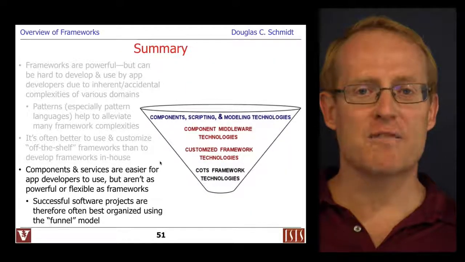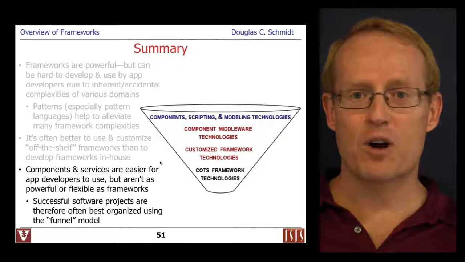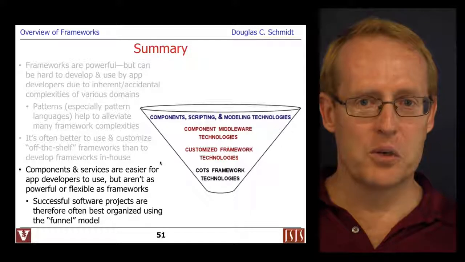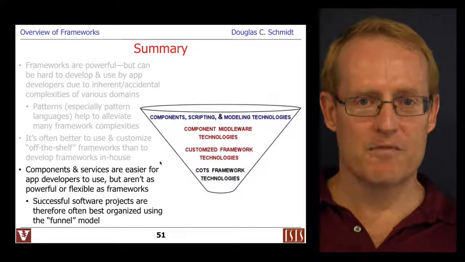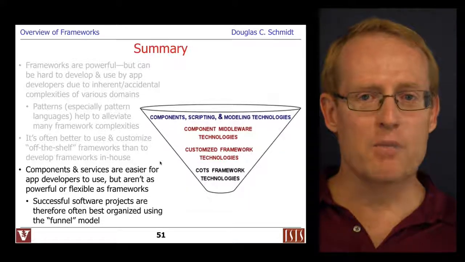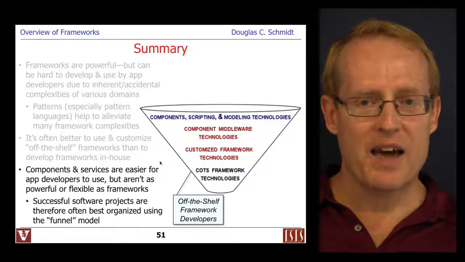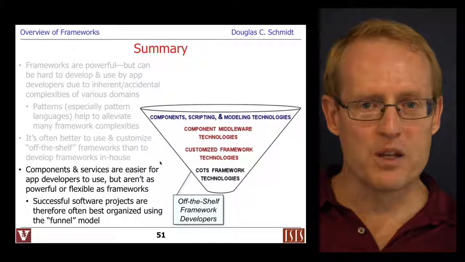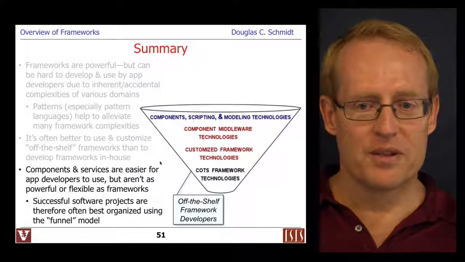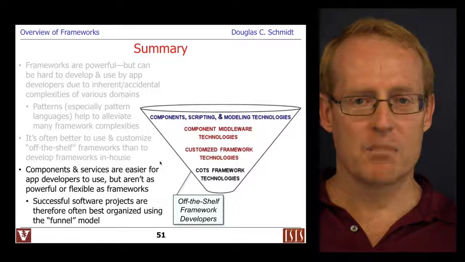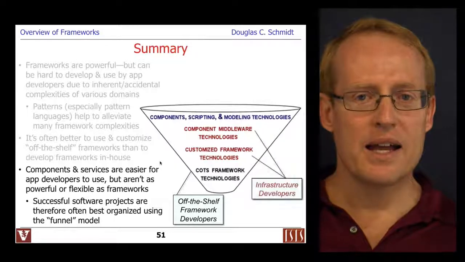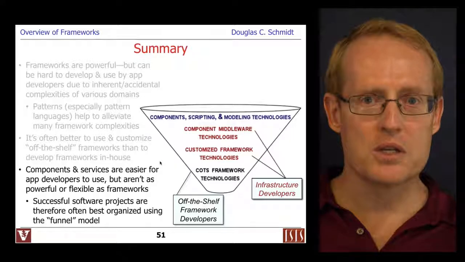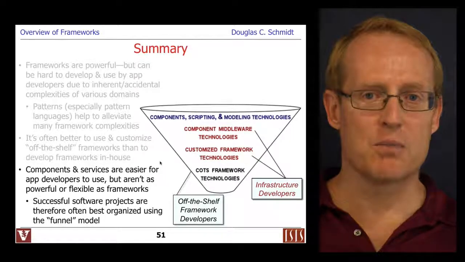Because of the complexity of frameworks, successful software projects often apply what I call the funnel approach to developing and applying framework technologies. The funnel approach typically works by having a core set of people that are going to either build or, more likely, take off-the-shelf component frameworks and then customize them for the particular needs and uses of the application developers that they support.